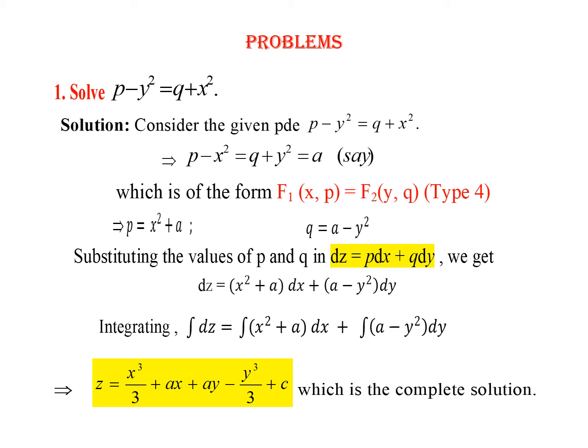And in the second integral, a when we integrate with respect to y, we get a into y, minus y squared, when we integrate, y cubed by 3, plus of course c. So we get the complete solution. Again, remember what is the complete solution? When a solution is having just two arbitrary constants, it is called a complete solution.